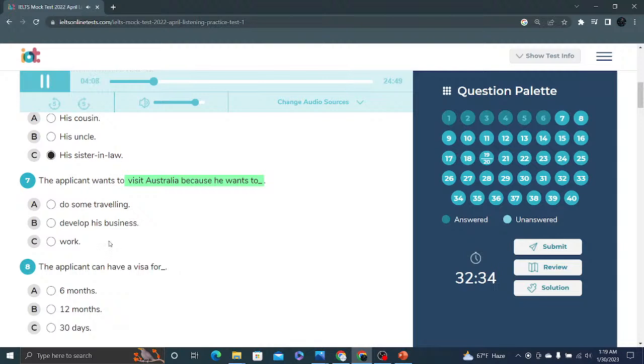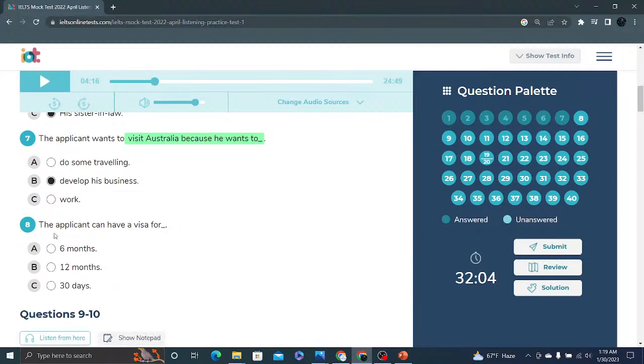Well, not exactly. Mainly because I have my own trading company and I will be looking for business opportunities. So B would be the exact answer for question 7.